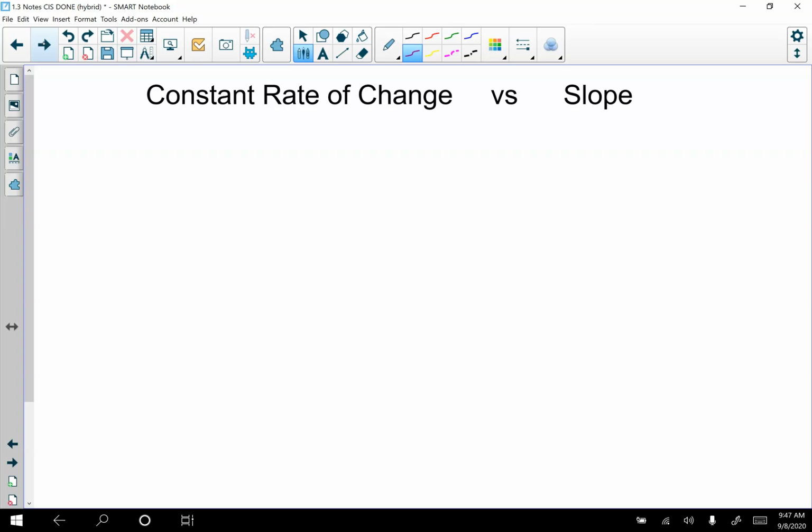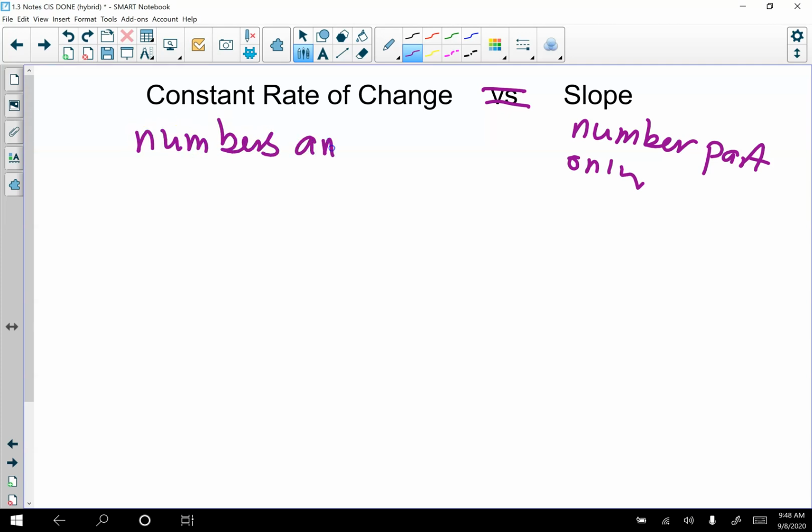The difference between the constant rate of change and slope. So they mean the exact same thing, but the slope will have the number part only, and the constant rate of change is going to be numbers and words. I'm going to give you an example.